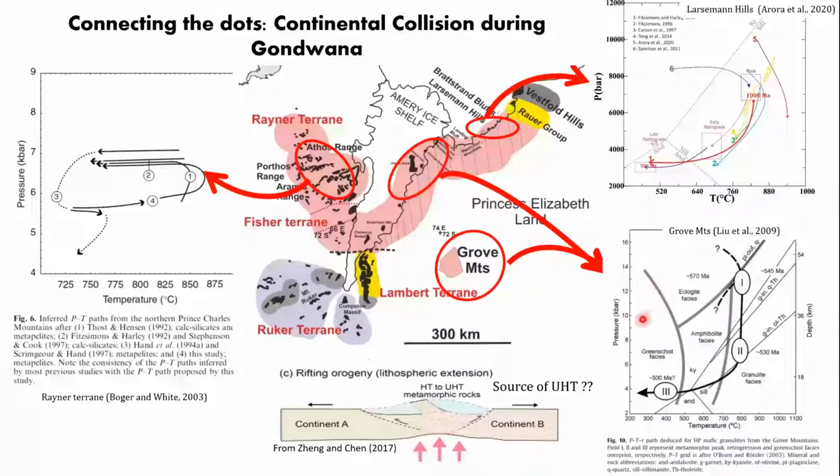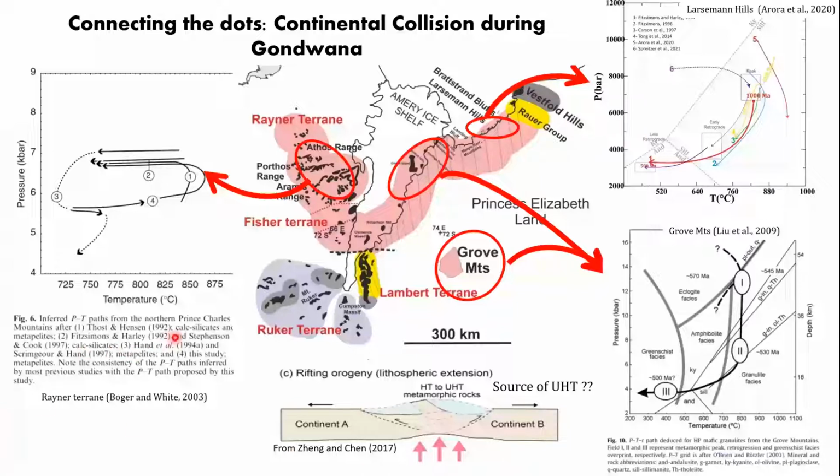Larsemann and the inland sector of PEL show a typical clockwise PT path, whereas the Rayner terrain is typically considered to have involved an anti-clockwise PT evolution dominated by isobaric cooling. UHT signatures with a clockwise path in coastal and inland PEL probably indicate continent-continent collisional scenarios and hot underplating of the asthenospheric mantle at crustal depths when we are talking about the Indo-Antarctic amalgamation during Gondwana.